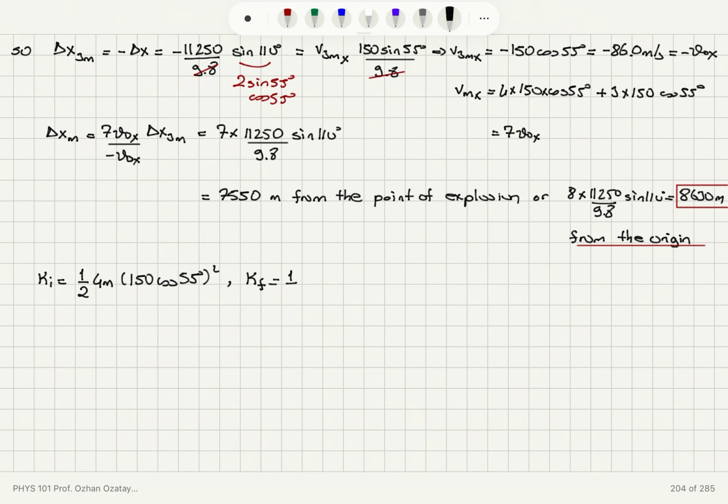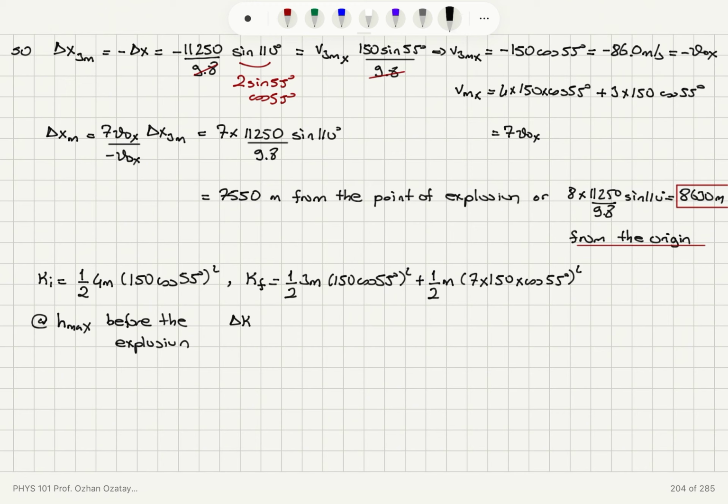Final kinetic energy is 1/2 3m times 150 cosine 55 squared, since it has the same x component of the velocity, plus 1/2 m times 7 times the x component, 150 cosine 55 squared. So this is happening at h max. So that's the initial kinetic energy before the explosion, and this is after the explosion.